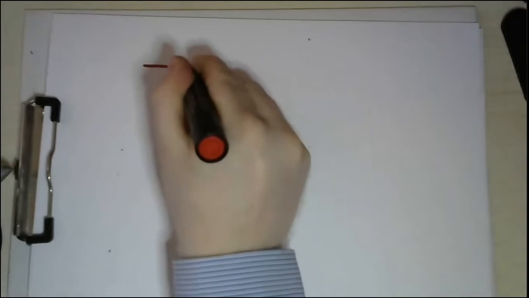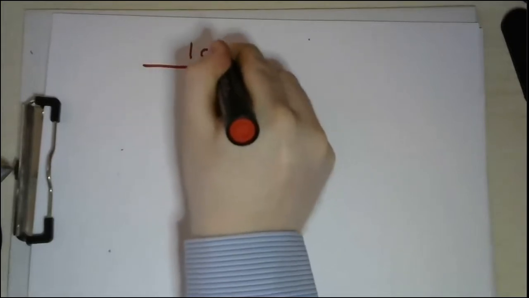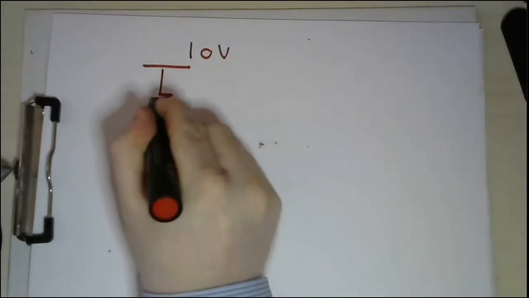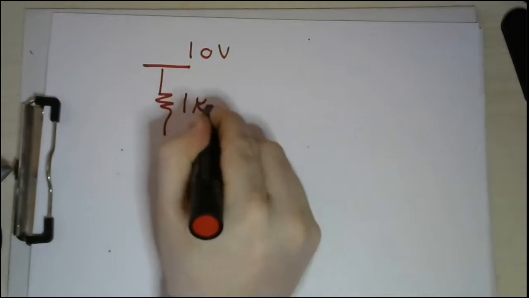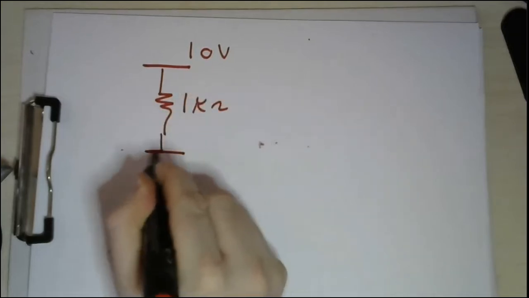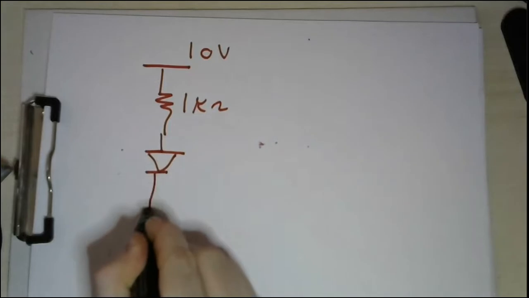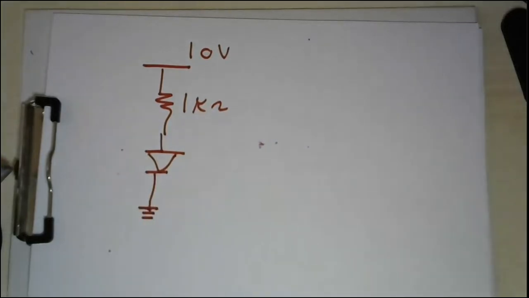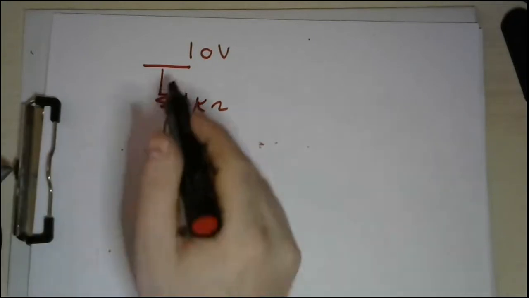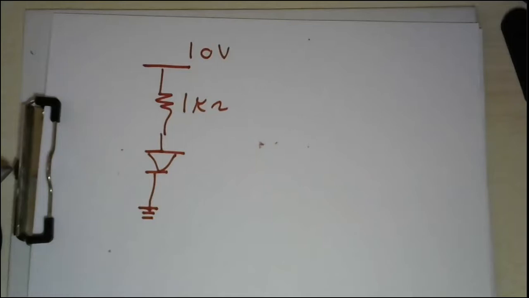We have a 10-volt DC battery connected to a 1 kilo ohm resistance, and then you have a diode, and this diode is connected to the ground. I ask you, please calculate the current flowing in this resistance. So what you're going to do is as follows.